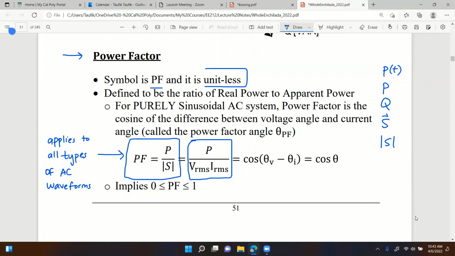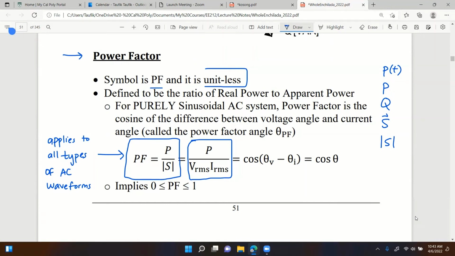It doesn't matter if the AC waveform is a sine wave or triangular wave or square wave, whatever AC waveform you have, this equation applies for power factor, right? P over S, or P divided by VRMS times IRMS.